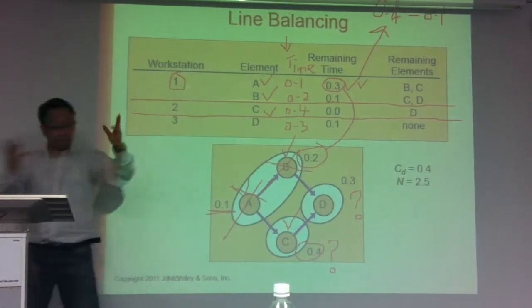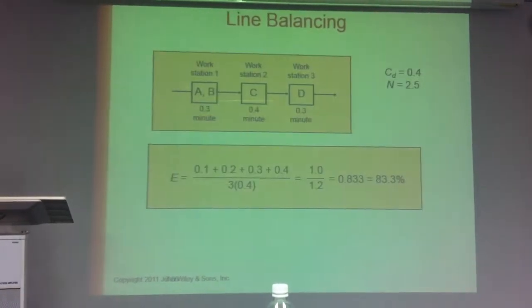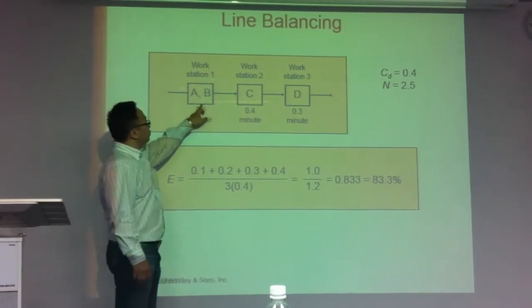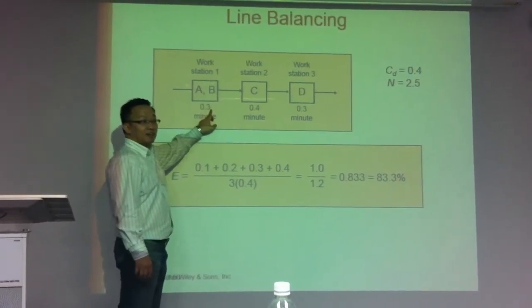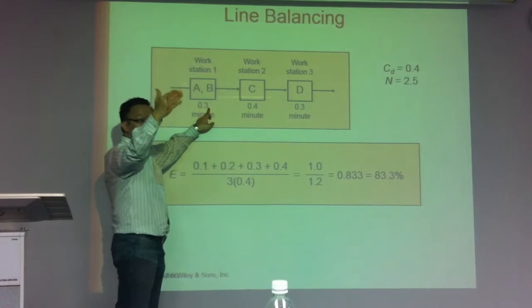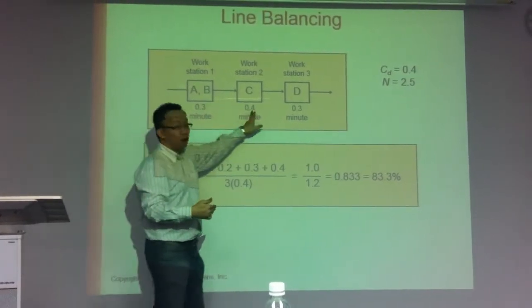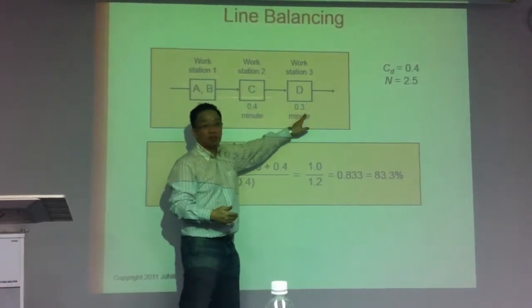But these two are the same. How do we get 0.3? It can be added. You showed just now the table, right? 0.1 plus 0.2. 0.4 and 0.3. That's all.